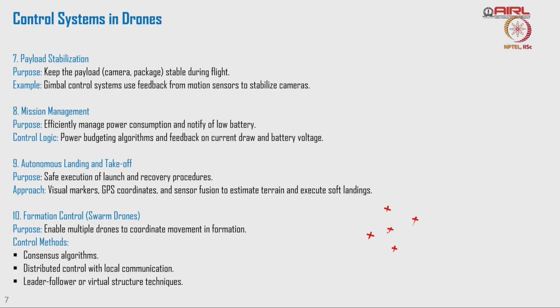These things are possible in formation control, and here it should be ensured that the multiple drones execute this particular mission without inter-agent collision, and at the same time they should avoid collisions in the environment with static and dynamic obstacles, whatever it may be in the situation. The control methods used here are consensus algorithms, distributed control based mechanisms, and some leader-follower techniques.